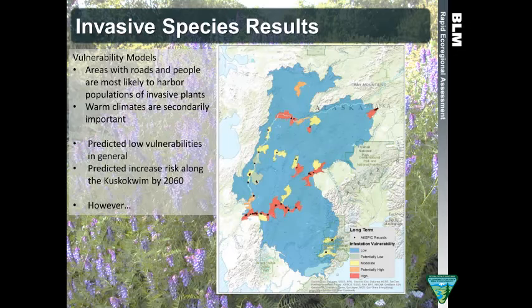What Kuskokwim Road are you referring to? What's the Kuskokwim Road? Well, there are two roads. There's a proposed road connecting Kuskokwim and Yukon. These are really very preliminary proposals. We don't know if anything will ever be built at this point.